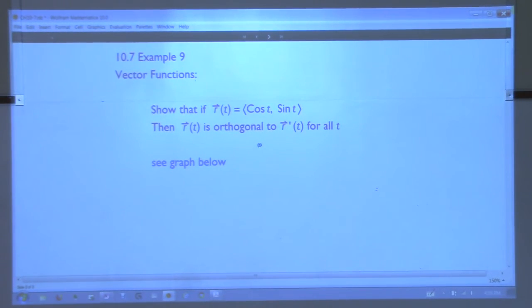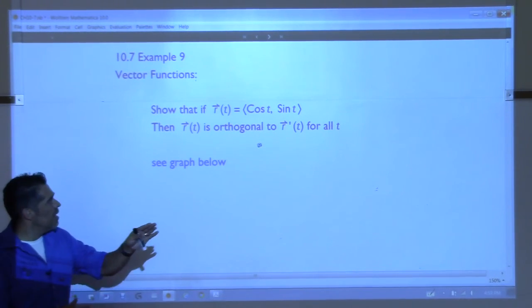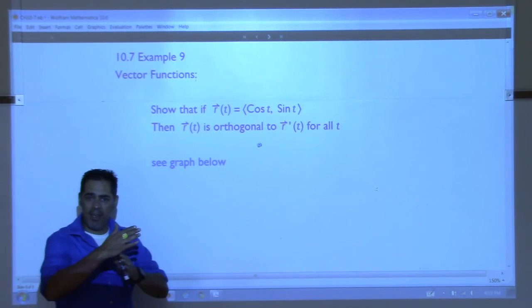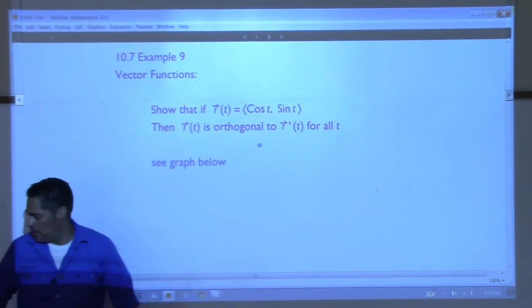All right, show that if we have this vector function, r of t is orthogonal to r prime of t for all t. What this is saying is that for this particular vector function, the vector that draws the curve is always orthogonal to the tangent to the curve.